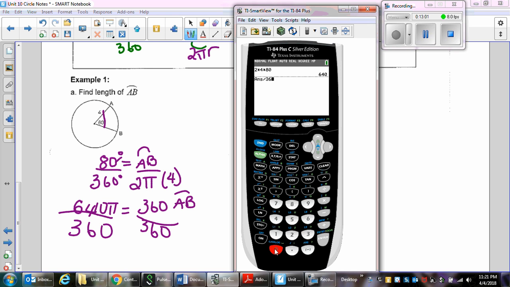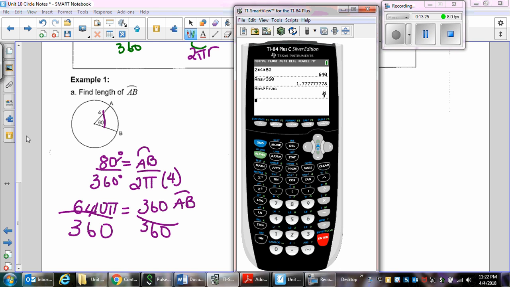It might give me a decimal. Let's see if it's going to be a fraction. If not, then we'll just round it to the nearest. 16 over 9, right? Did I put it the right way? 640, 2 times 4 times 80. So 16 over 9 pi would be the answer.